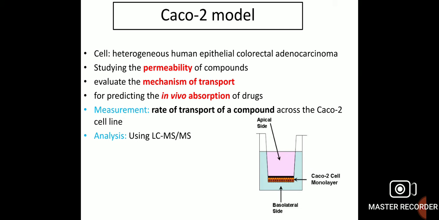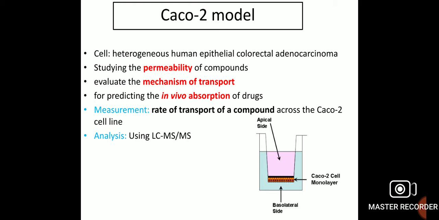Here I have mentioned one example, the CACO2 model, which is an in vitro technique. This model is used particularly for studying permeability of compounds in order to evaluate the mechanism of transport and for predicting the in vivo absorption of drugs.